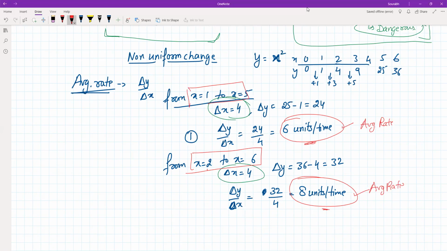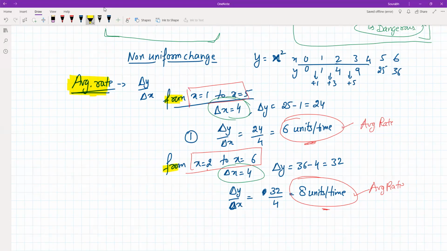If we change the interval, this will change again. But if we have to find the average rate, we must have an interval, and in that interval only we will be able to find the rate of change. That is the average rate. And because the average rate is not fixed, I cannot pick one of the average rates and say that this is the instantaneous rate.